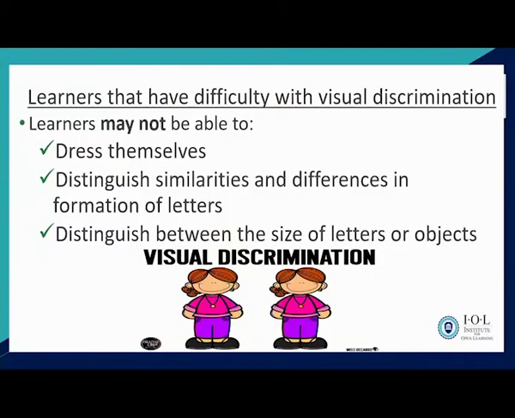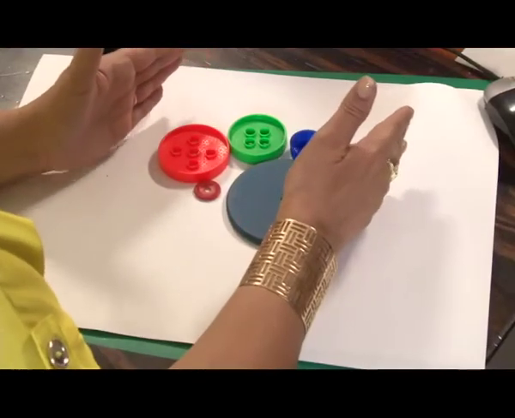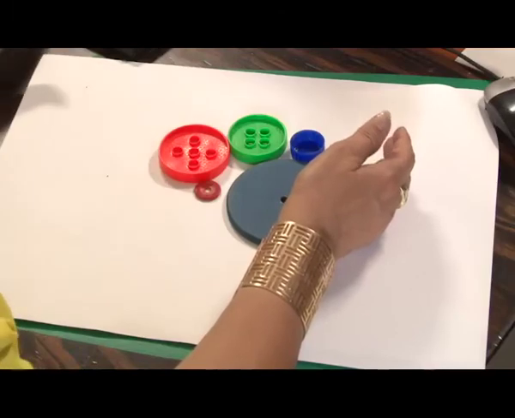They are the ones that cannot distinguish the similarities and differences in the formation of letters. And they are the ones that cannot distinguish between the size of letters or objects. If they cannot tell you that these objects are of a different size, you can classify that learner as a learner that has difficulty with visual discrimination.